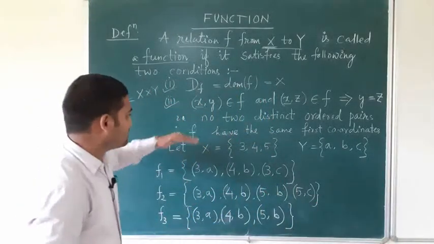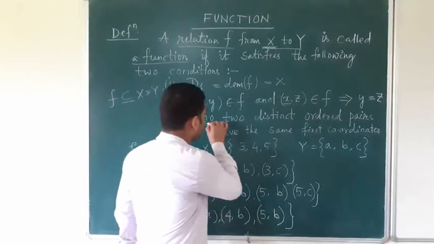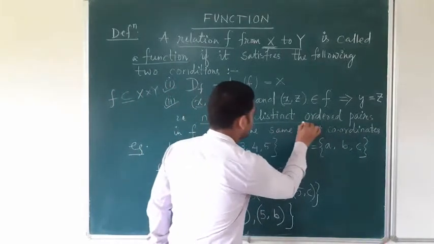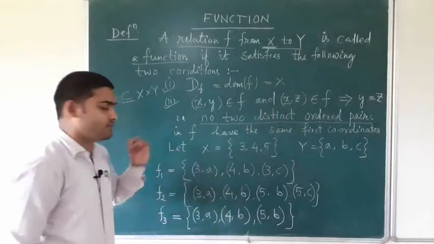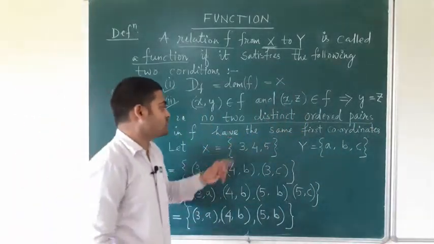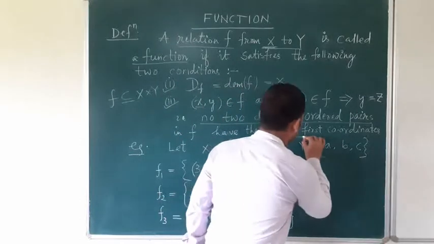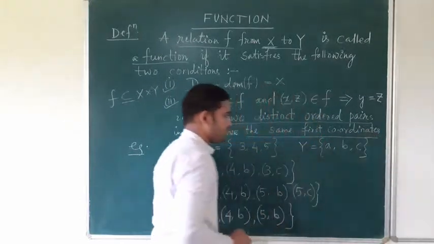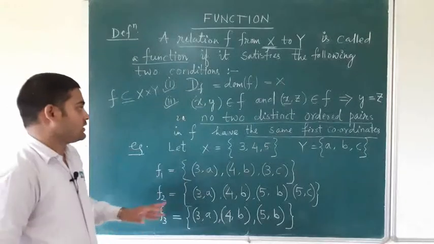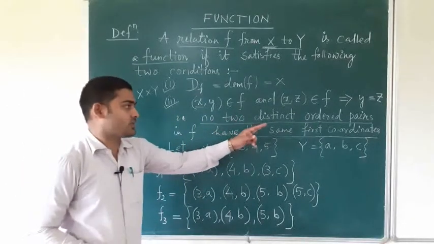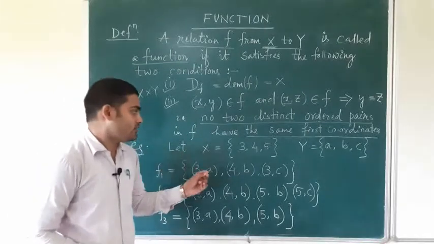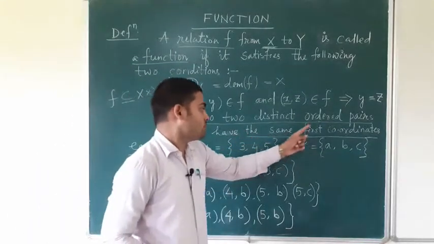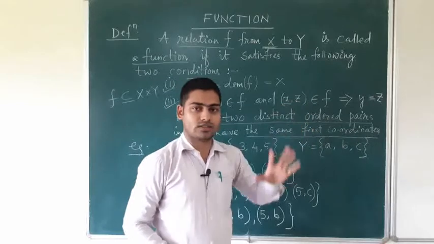So, in other words, you can say no two distinct ordered pairs in f have the same first coordinate.